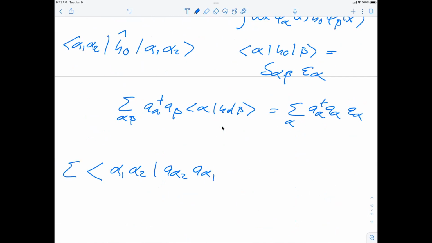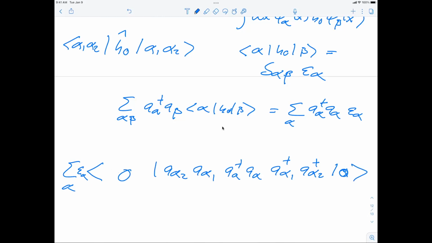So we have a sum over alpha, and an epsilon alpha, and then a alpha dagger a alpha, acting on a alpha 1 dagger, a alpha 2 dagger acting on the vacuum state, and the bra is likewise built on the vacuum state.